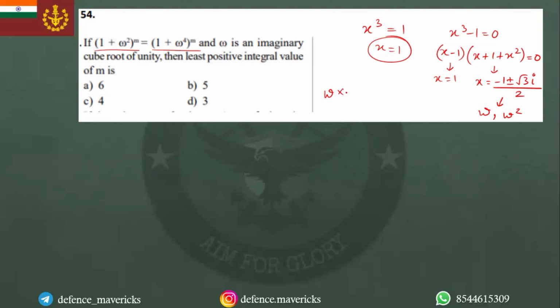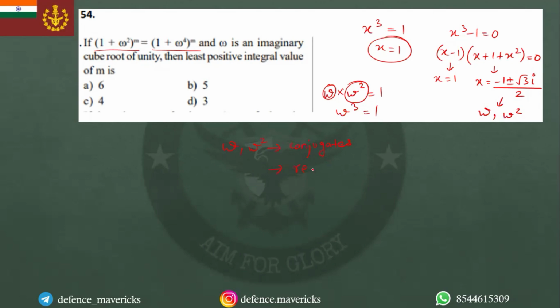That means omega cube is 1. So omega and omega square, one thing is that they are conjugates of each other, because in one there is plus i, in the other there is minus i. The real part is the same.